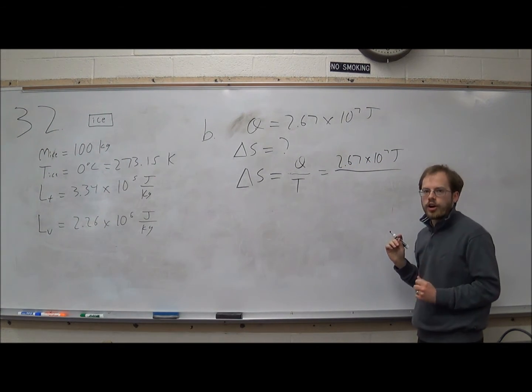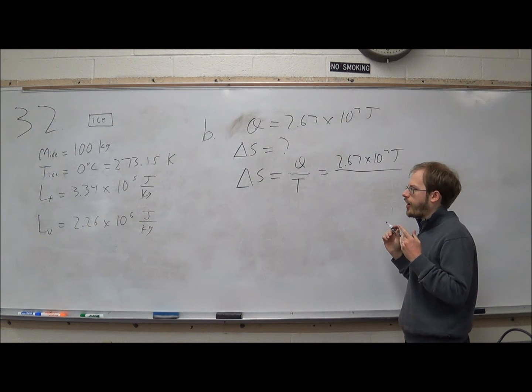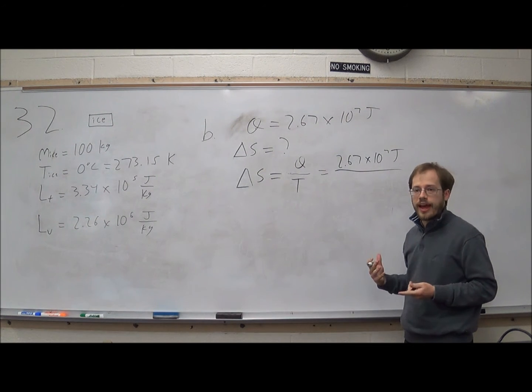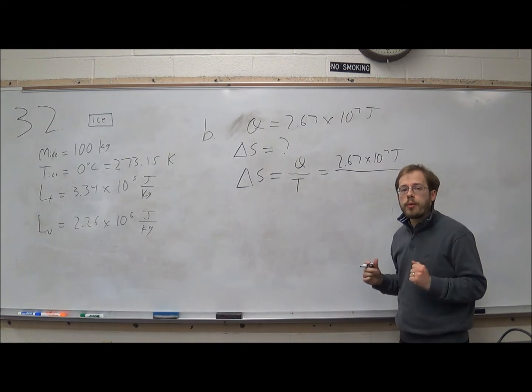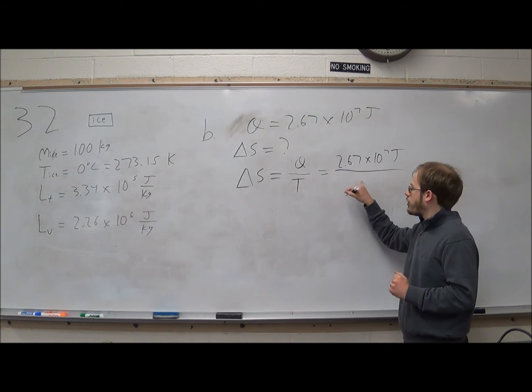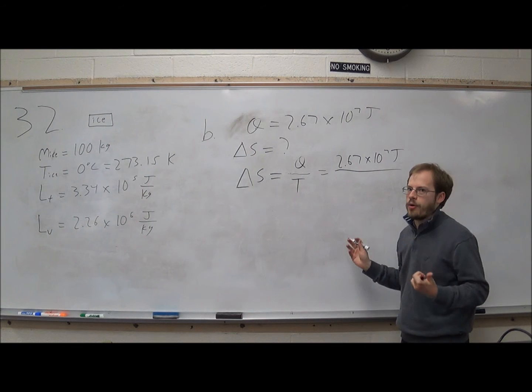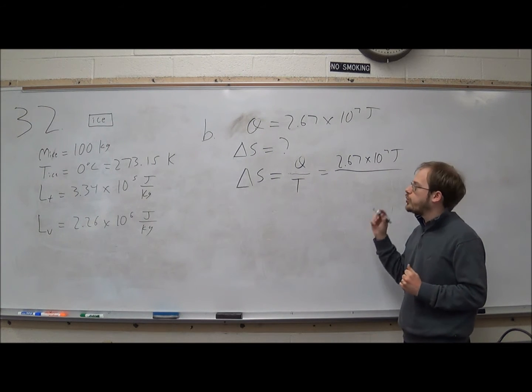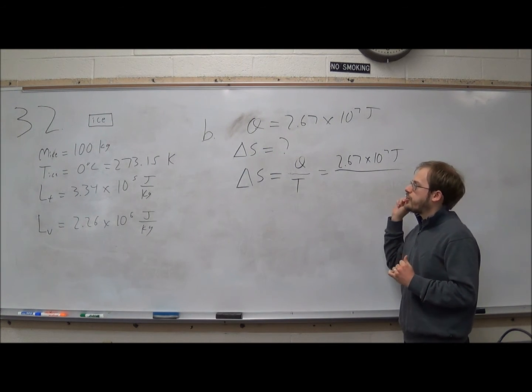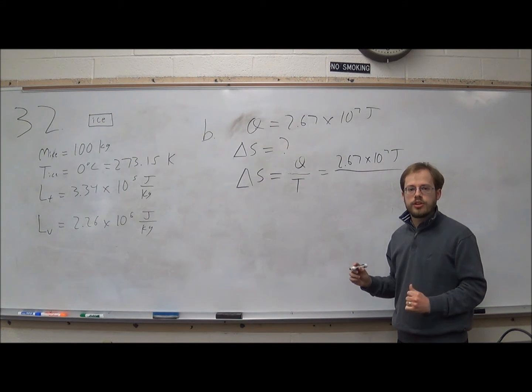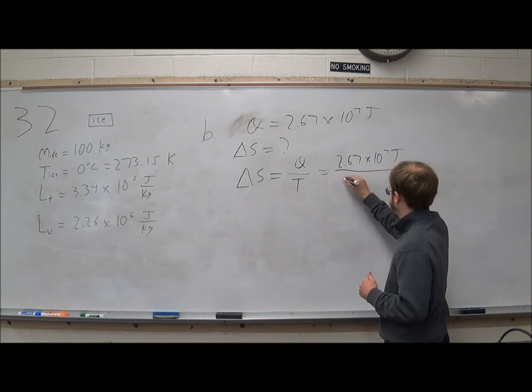Our temperature here is the temperature the ice is currently at, which is 0 degrees Celsius. But we have to be careful here, because if I divide by 0, that would be a big problem.